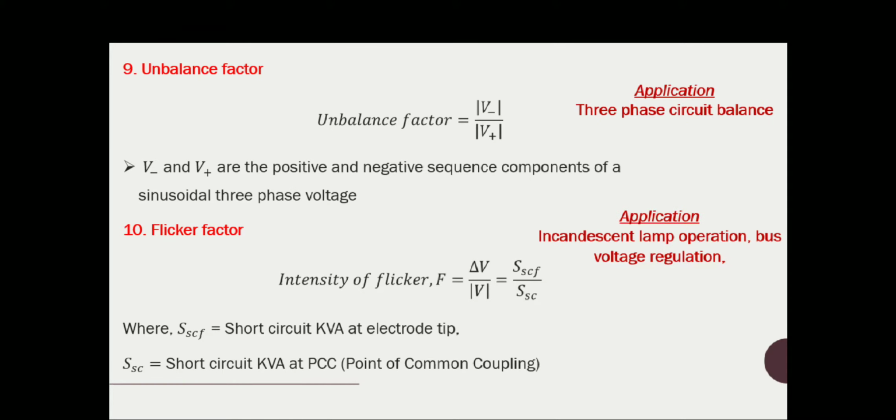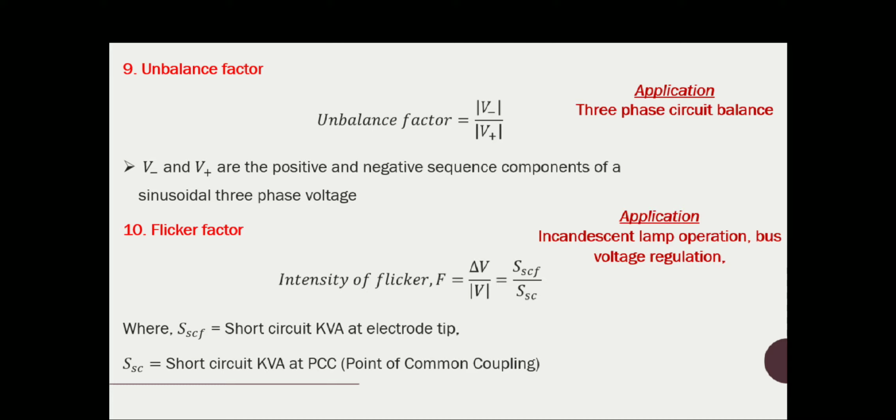And another harmonic index is unbalanced factor. It can be written as magnitude of negative sequence component to the magnitude of positive sequence component, that is magnitude of V minus divided by magnitude of V plus.